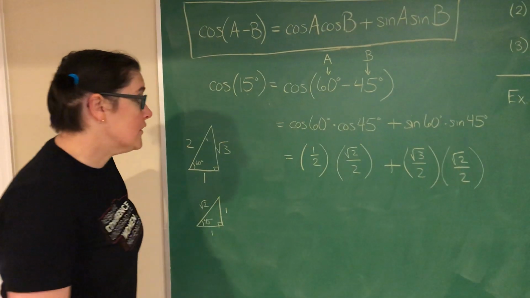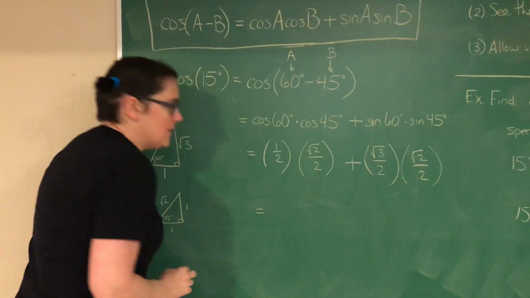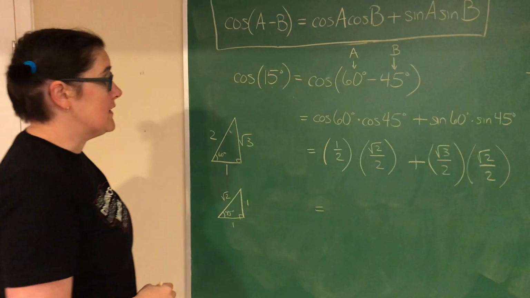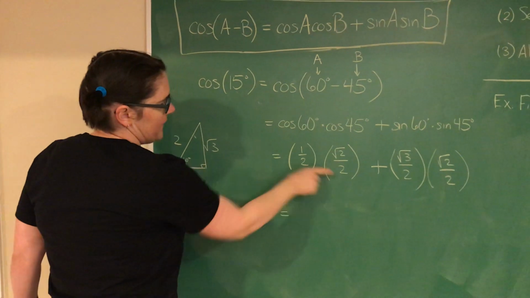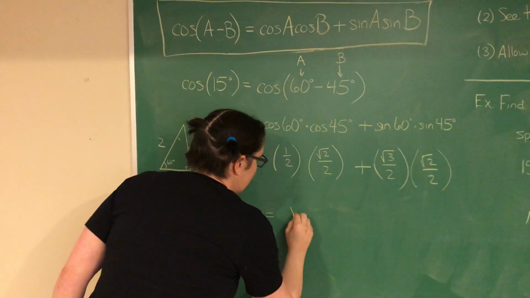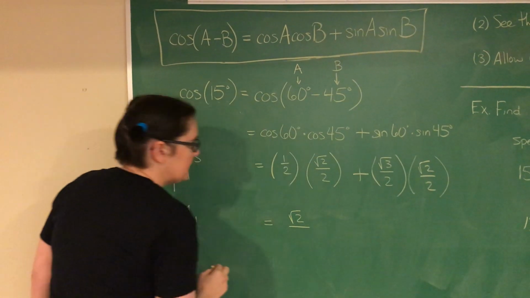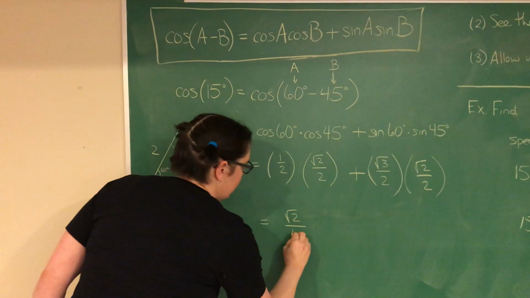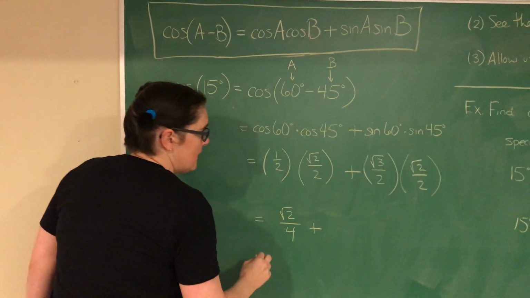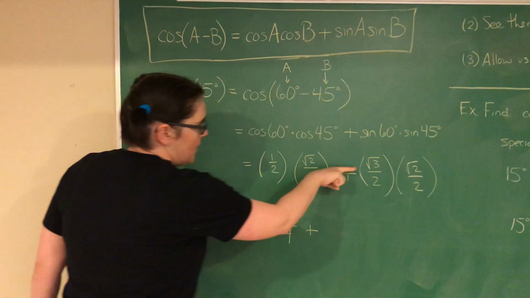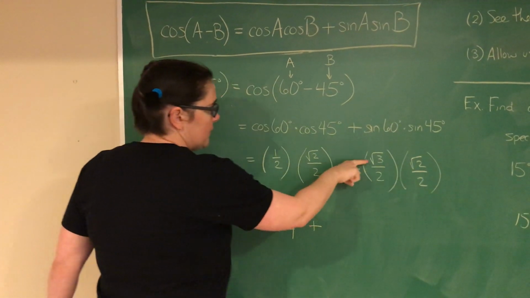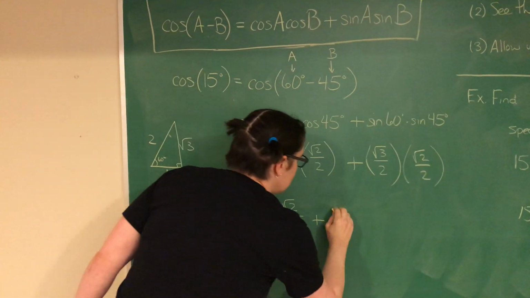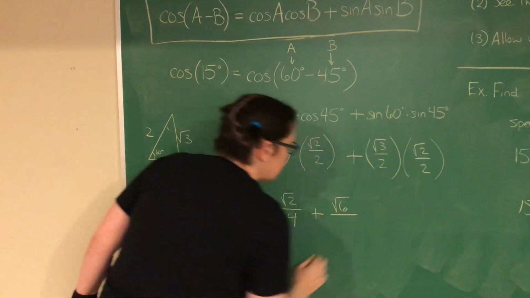So now we have everything in terms of numbers, and my last few steps are going to be to clean this up. So when I multiply these first two fractions, I multiply across the top and I have root 2. Multiply across the bottom, 2 times 2, I have 4. Then I have a plus sign. Multiplying across the top, root 3 times root 2 is square root of 6.